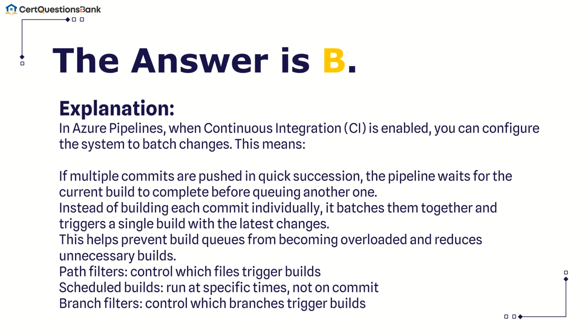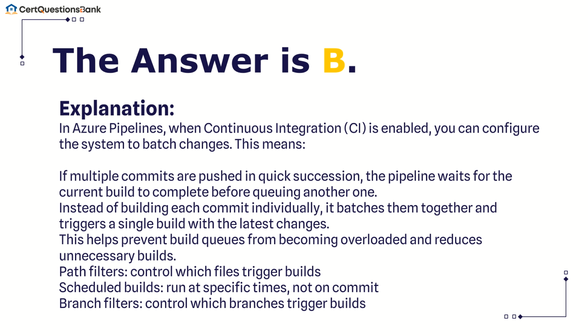The answer is B. In Azure Pipelines, when continuous integration is enabled, you can configure the system to batch changes. This means if multiple commits are pushed in quick succession, the pipeline waits for the current build to complete before queuing another one.